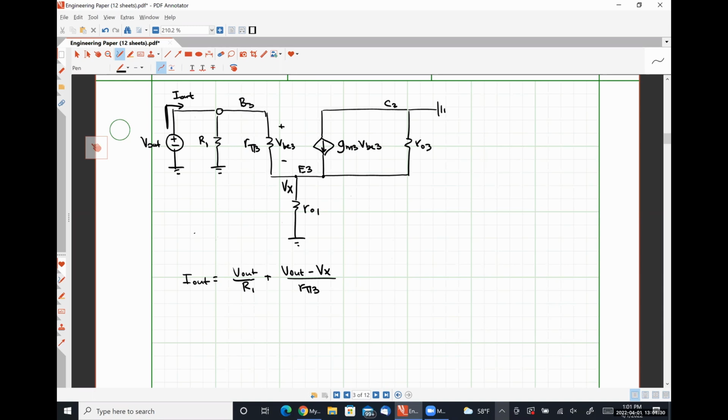We have a current of GM3 VBE3 flowing in. And then we would have a current of Vx divided by R01 flowing out, and a current of Vx over R03 flowing out. Does that make sense? Okay. So current flowing in, current flowing in, current flowing out, current flowing out.